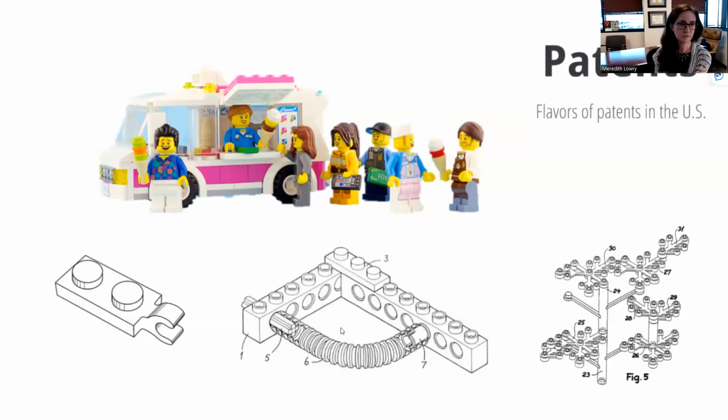It's important to remember the deadlines associated with patents. It's a pretty hard and fast rule: once you publicly display, sell, or discuss your invention with somebody that's not your spouse or your mom, you have 1 year to file for a patent.